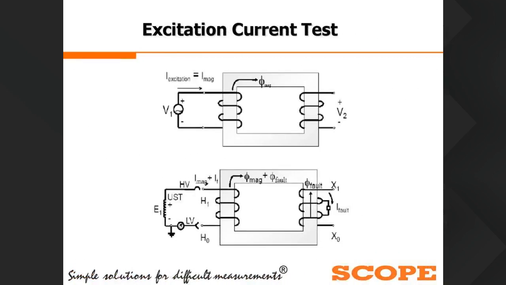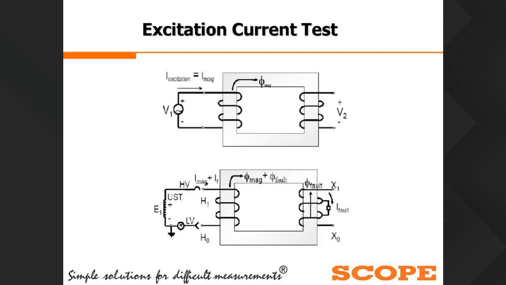Now here you can see this is a circuit diagram of a transformer. Whenever we are giving some voltage to the transformer primary, the excitation current will flow, that is required to create a flux in the primary as well as the secondary winding. In the first circuit diagram, the secondary we have taken open, and we are giving some voltage.